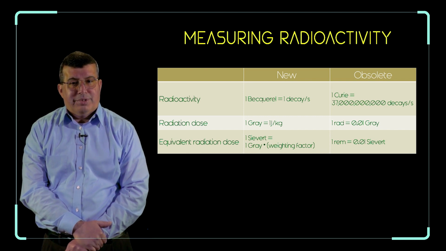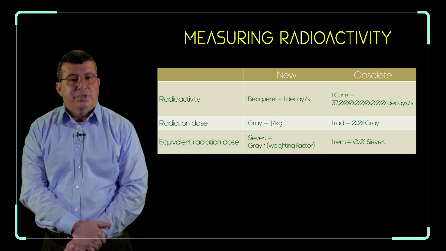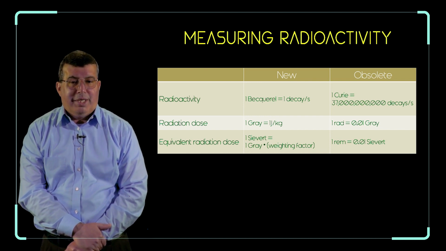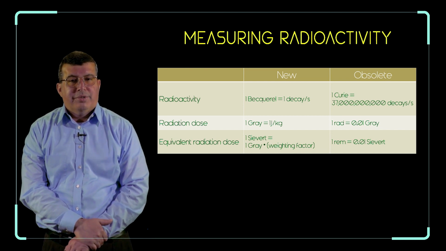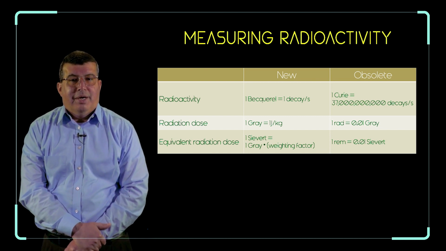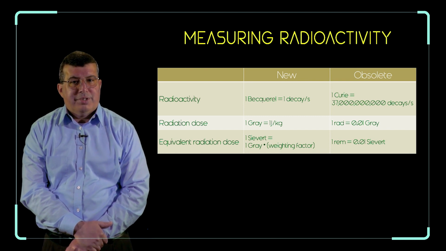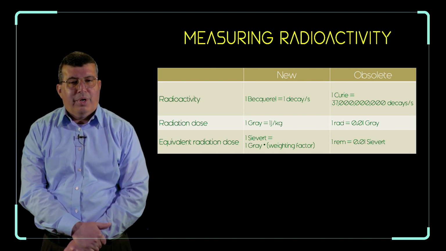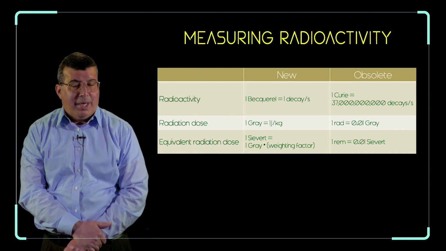The next 2 units that I'm going to talk about are measurements of radiation dose, so the dose of radiation that someone receives. So the first is talking about the source, the second is talking about the person, the dose of radiation that a person receives. The unit for a radiation dose in the metric system is a gray, and 1 gray is a joule of energy deposited in a body per kilogram of body weight.